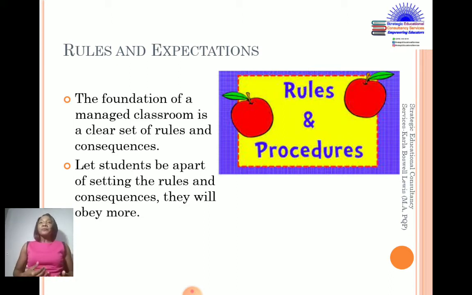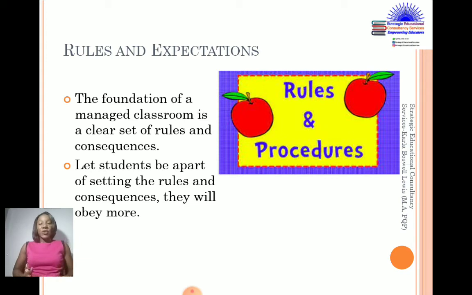Also, in obeying more, they'll be able to hold their fellow students accountable. And so no one will want to break these rules because they know that they were all a part of the process. It helps them to develop a sense of responsibility, knowing that they have contributed to what is happening, whether it is good or bad. And so you are able as a teacher to hold them to that.